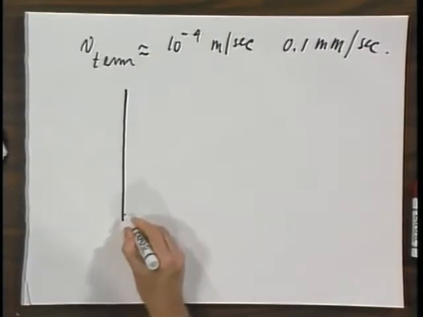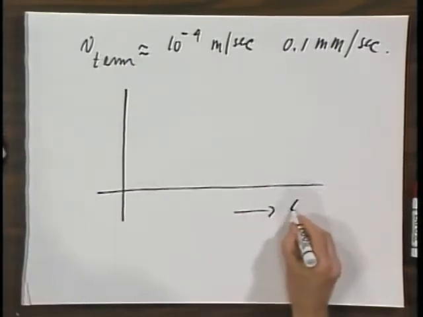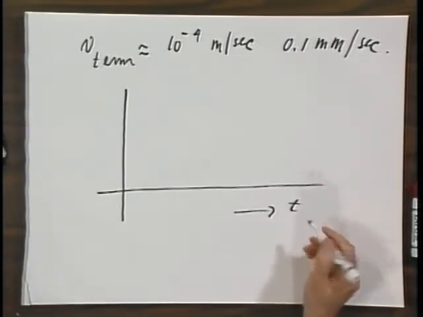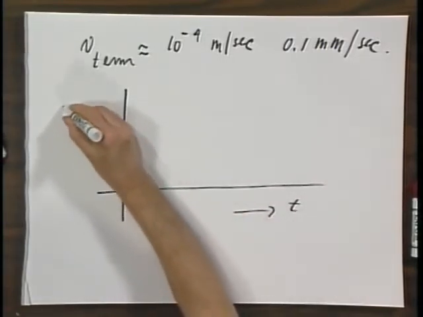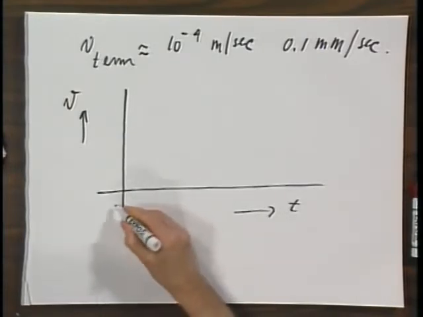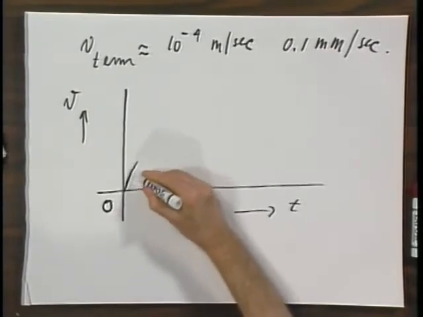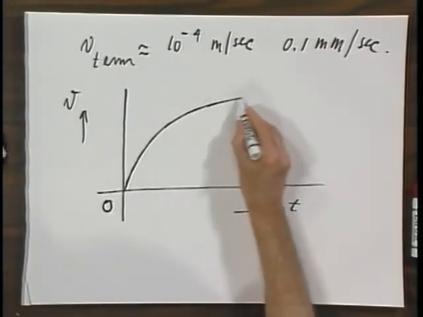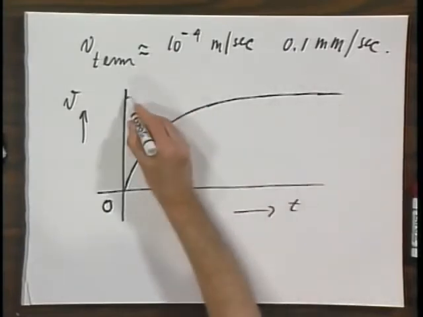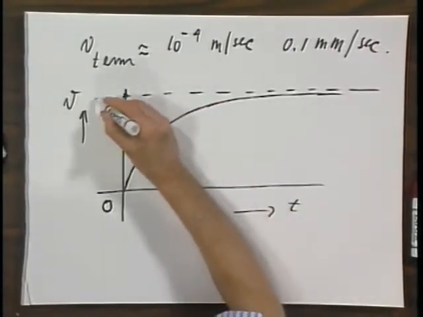How will it reach this terminal velocity? If I make a plot of the velocity of the oil drop as a function of time, this is the origin, then very schematically it will go like this, and it will ultimately reach the terminal velocity.